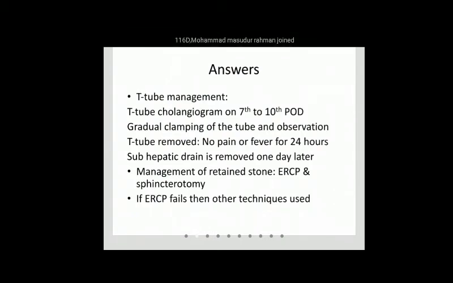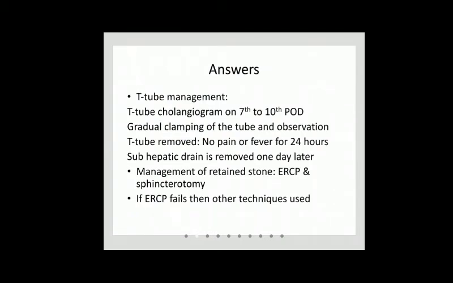We must go for T-tube cholangiogram on 7 to 10 postoperative day, and subsequently gradual clamping of the tube and observation. And after that, you remove the T-tube, and subsequently the subhepatic drain is removed one day after removal of the T-tube.